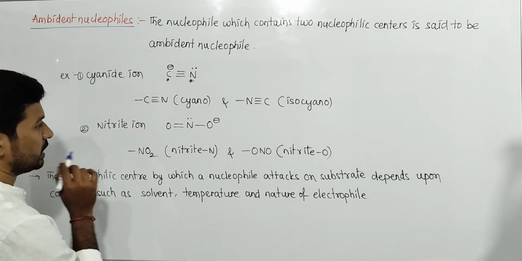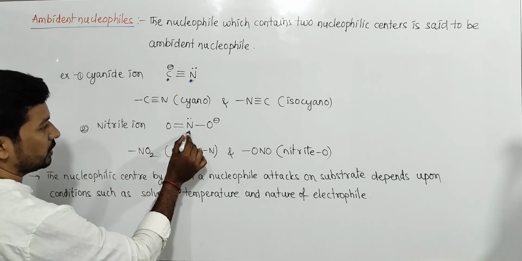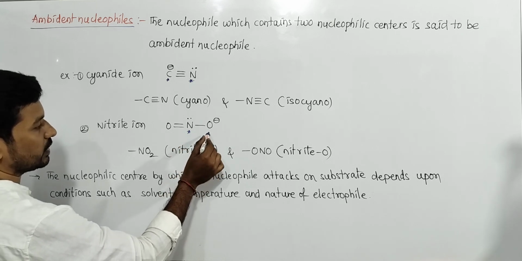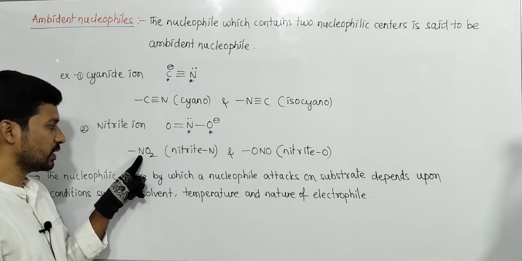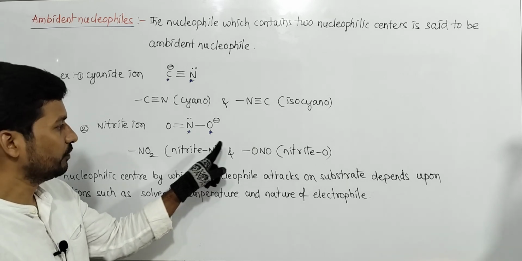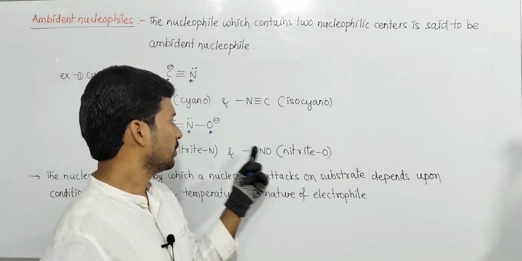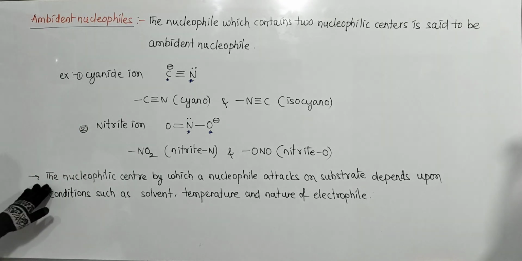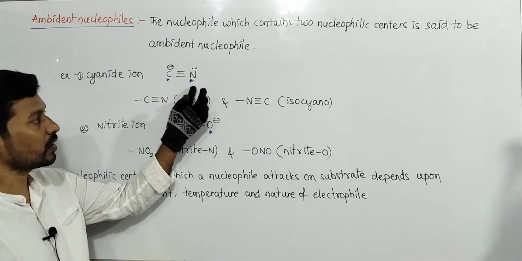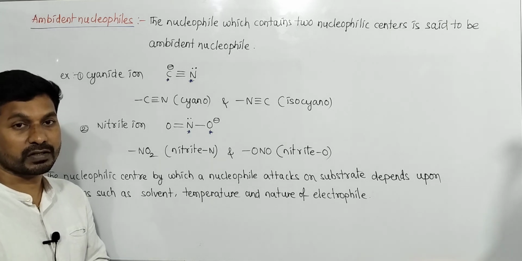Second example, nitrite ion. In the nitrite ion, nitrogen can act as a nucleophilic center, and oxygen can act as a nucleophilic center. If the nucleophilic center is nitrogen, it gives a nitro compound. If the nucleophilic center is oxygen, it gives a nitrite ester.